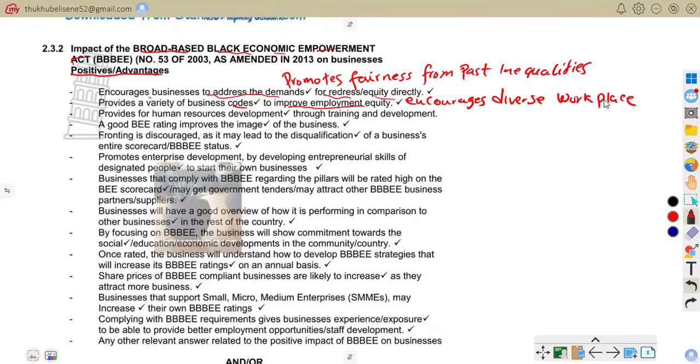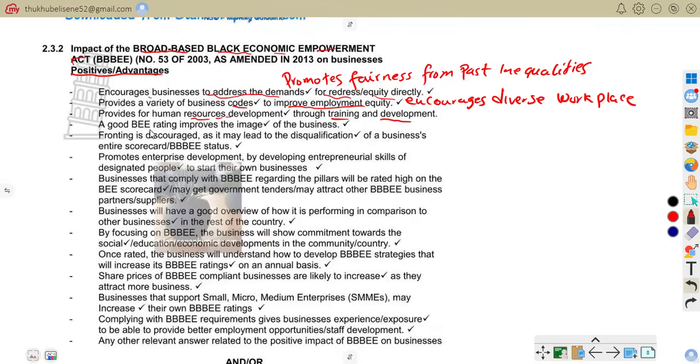So that is that. It further says it provides for human resource development through training and development. So it means it develops skills as it promotes training and development.